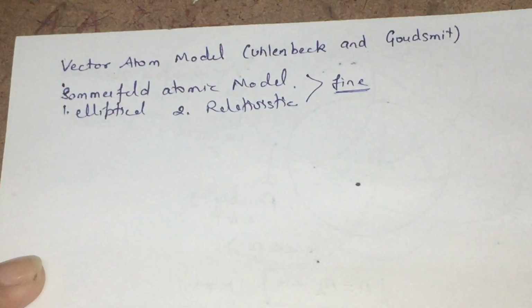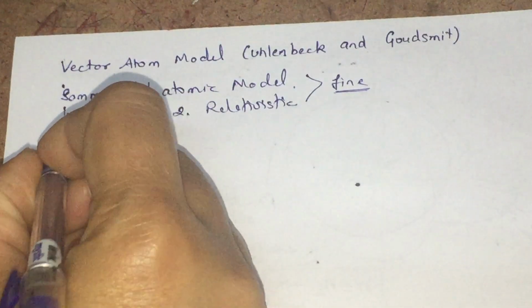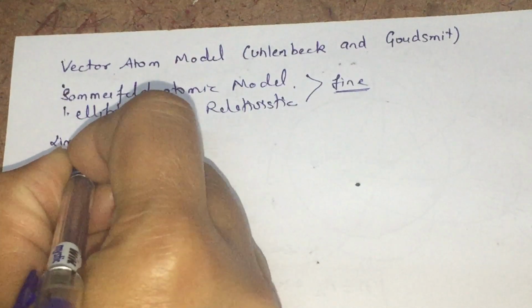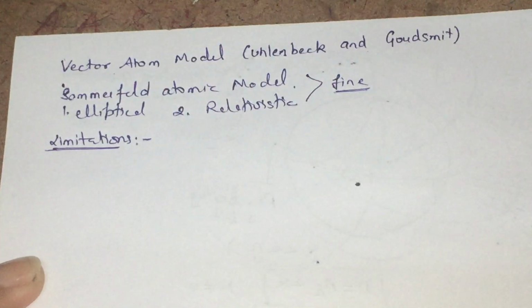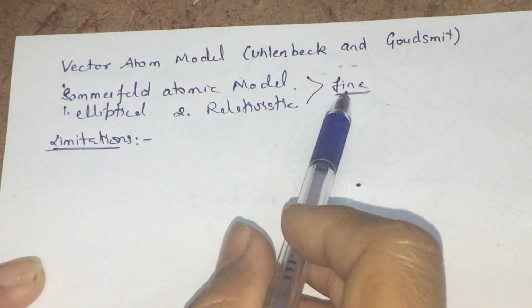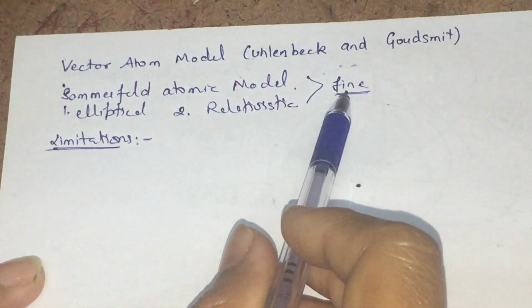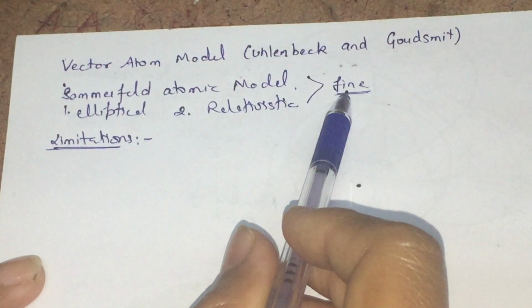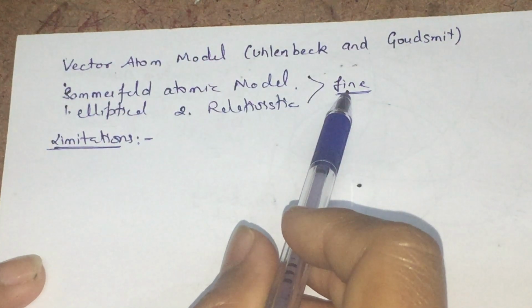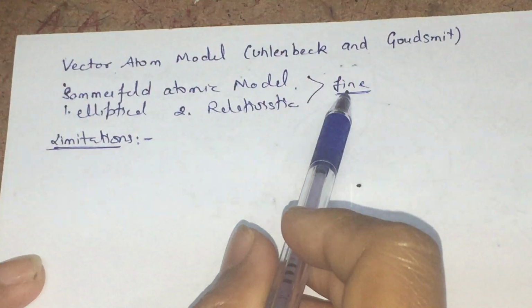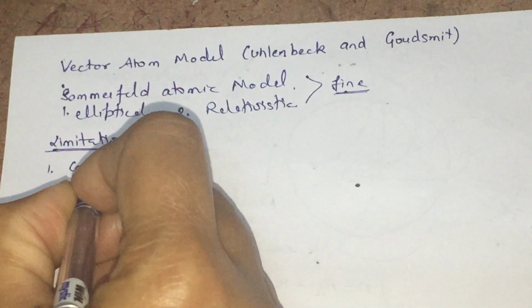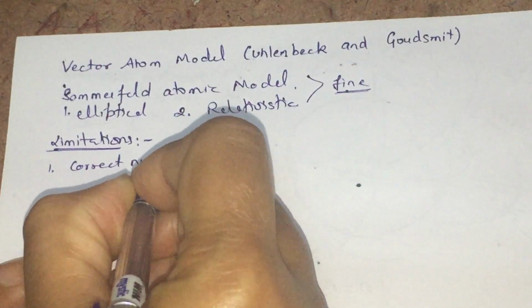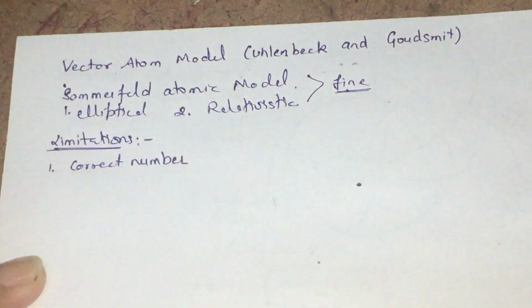But the Sommerfeld atomic model has some limitations. One of the limitations is that it explains the fine spectra. It gives the reason behind the spectral lines of H alpha, H beta, and H gamma, but it does not give the correct number of spectral lines obtained in the hyperfine spectra.